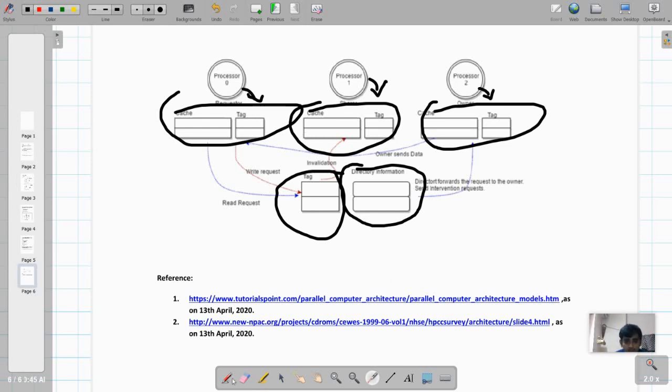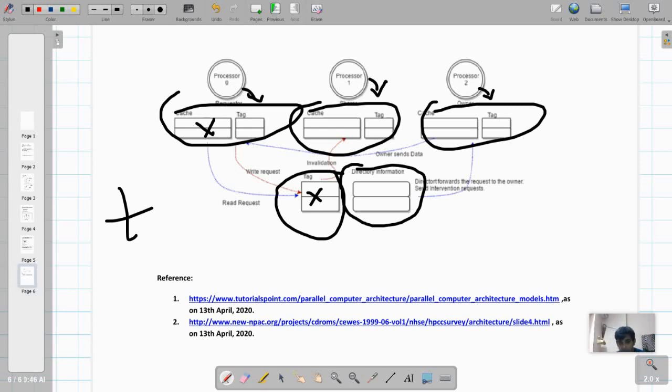Say there is a data item at some location X in your shared memory. Now, at some time instance t, this data item is required by the process in processor 0. So essentially, this data item will be brought into the cache which is native to processor 0.